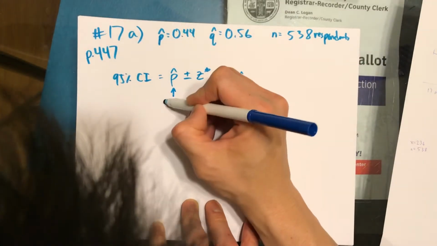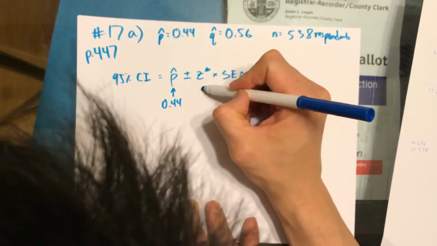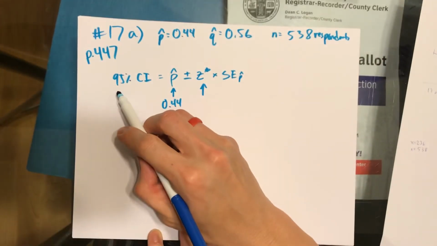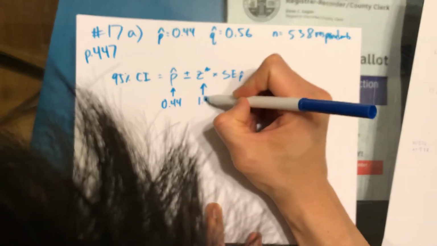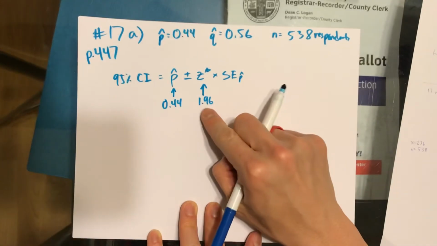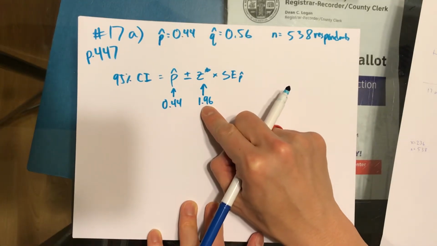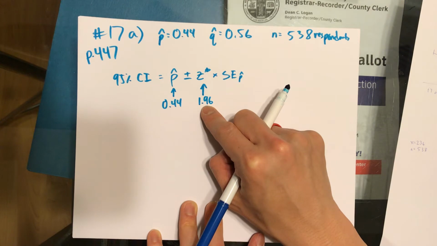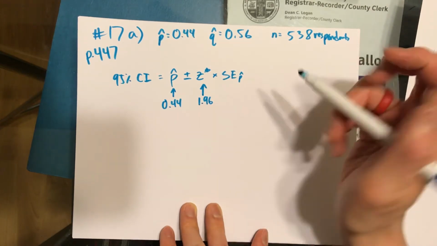So we know our p hat is 0.44. We know our critical value for 95% is 1.96. Remember, if you forgot what this is, you can calculate it using inverse norm. Okay, but I'm pretty sure you'll memorize it from now on.